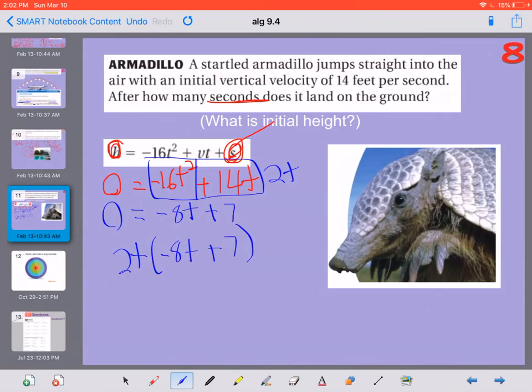So we have to solve both of these to equal 0. So 2t equals 0, and negative 8t plus 7 equals 0. If I divide this by 2, t equals 0.